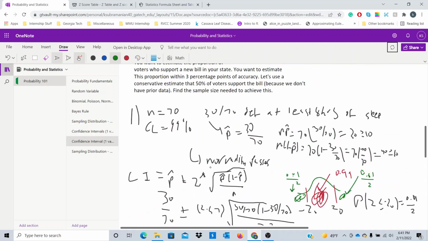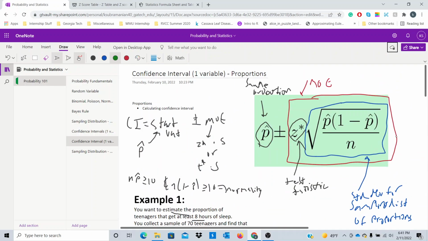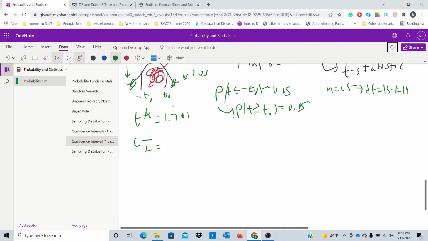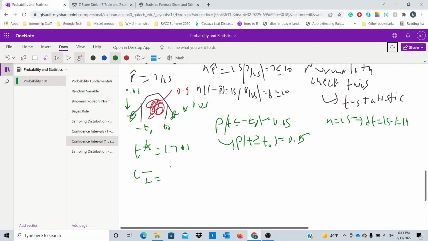Now to construct a confidence interval, we simply use this formula, except we replace z star with t star. So the confidence interval becomes 7 out of 15 plus or minus 1.761 times the square root of 7 over 15 times 1 minus 7 over 15, over the sample size of 15.